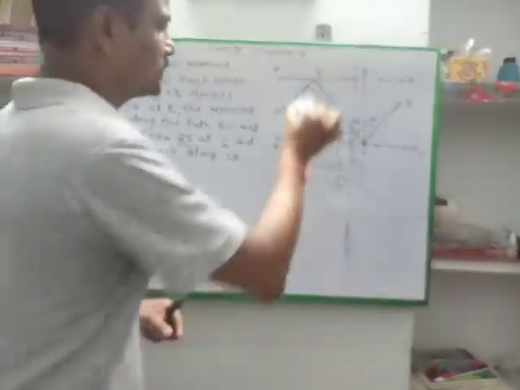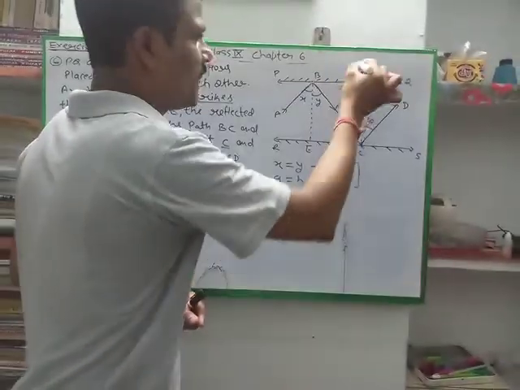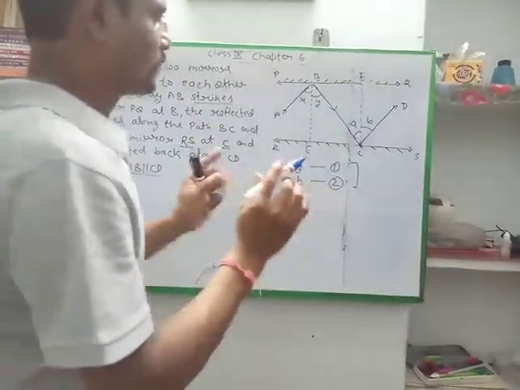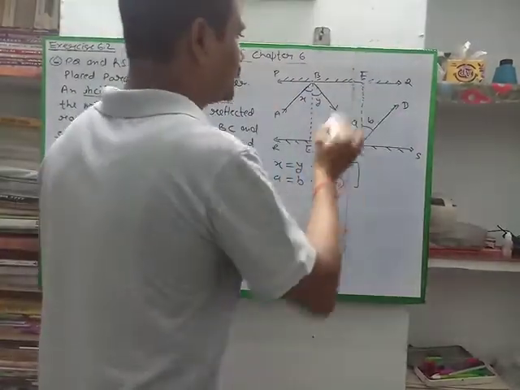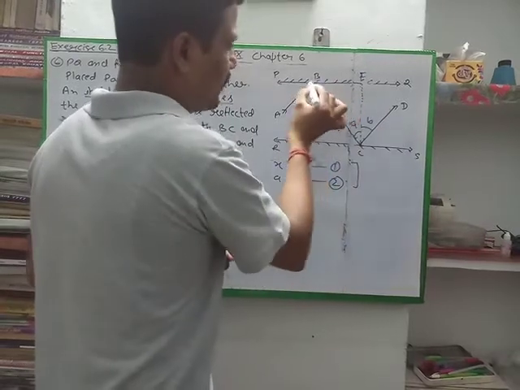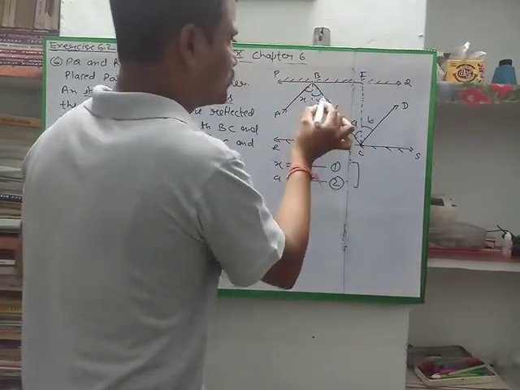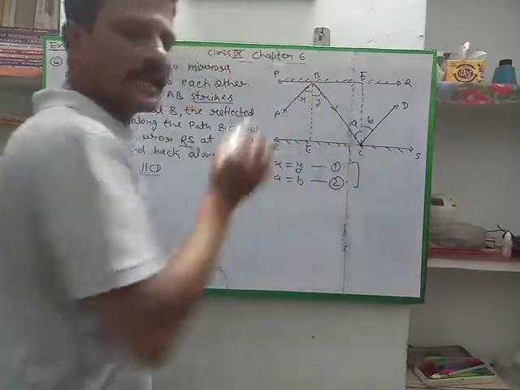Why? Because BE and CF are two parallel lines, because these are perpendicular. So these are two parallel lines and this line is a transversal. So angle Y will be equal to angle A also.